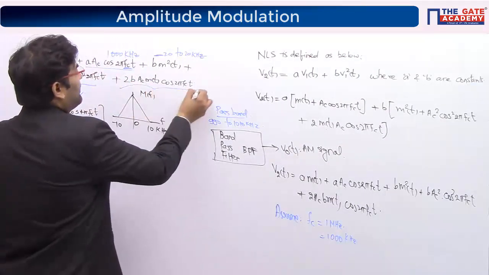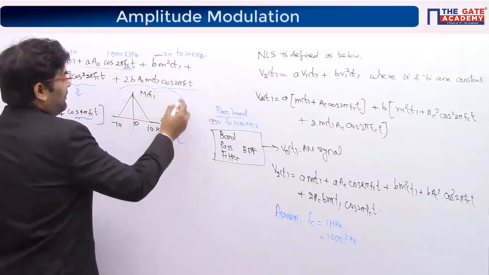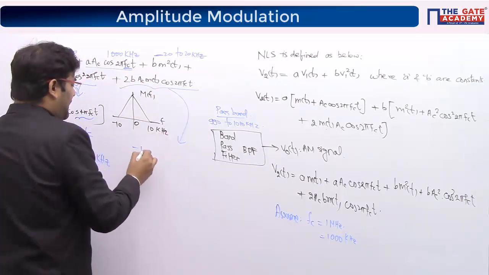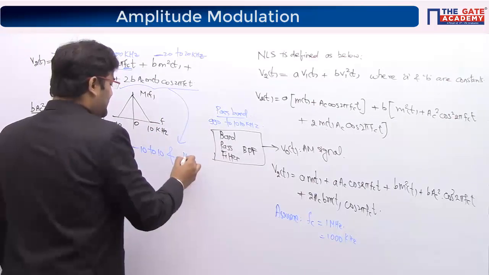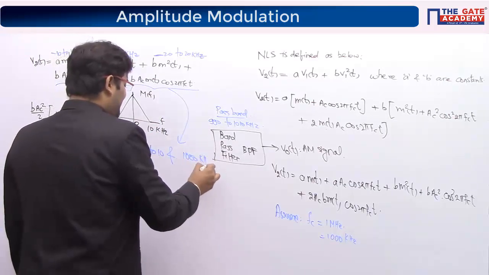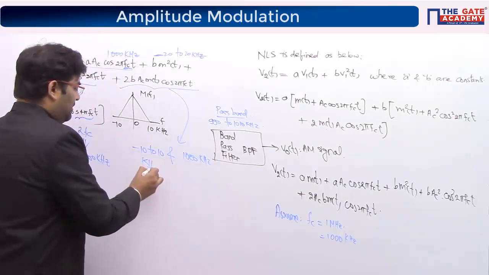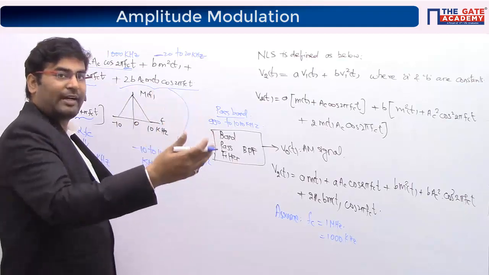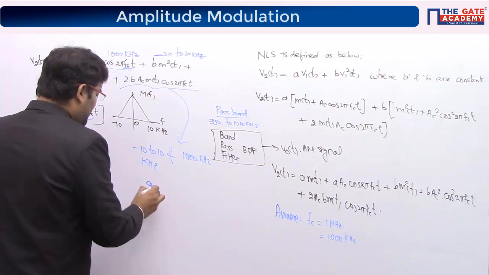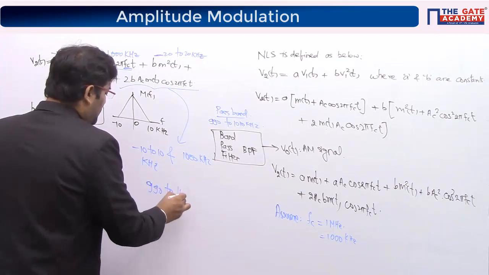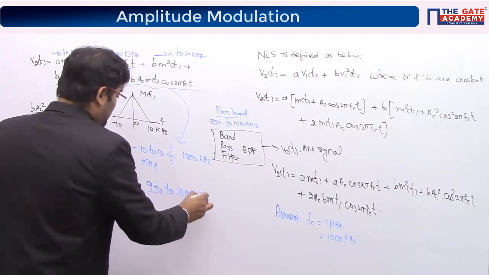What about this one? m(t) is from minus 10 to 10 and the carrier is 1000 kilohertz. It will shift to the right and shift to the left, so actually we get something like this: 990 to 1010 kilohertz.